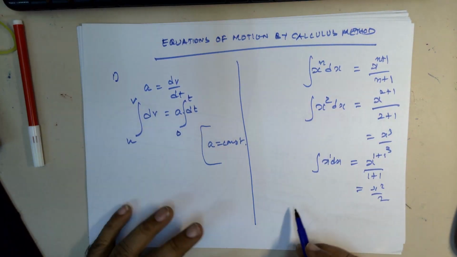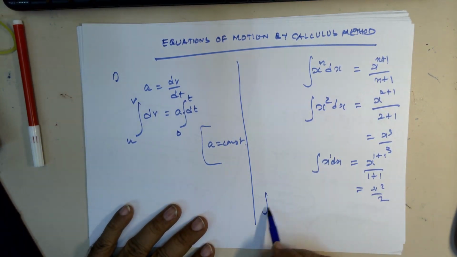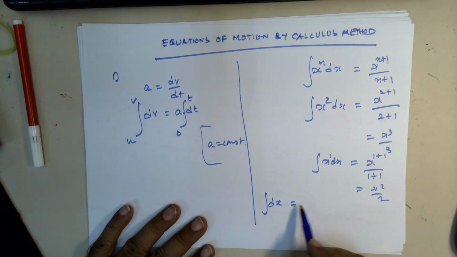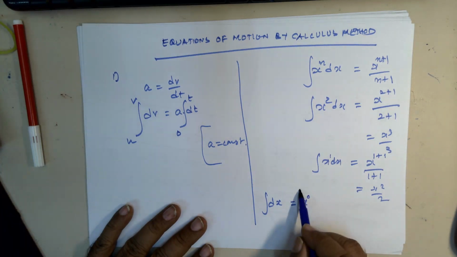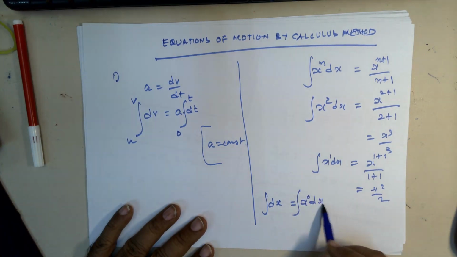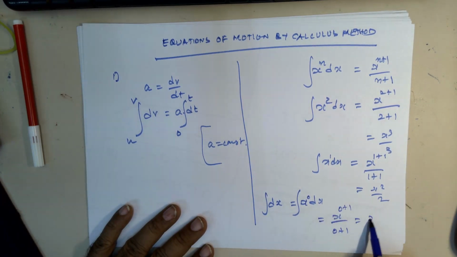Got it? Now, if it is dx, what is the value? It means you have 1 into dx. 1 into dx can be represented by x power 0, right? So x power 0 dx. In that case, x power 0 plus 1 divided by 0 plus 1, it means x divided by 1, that is x.